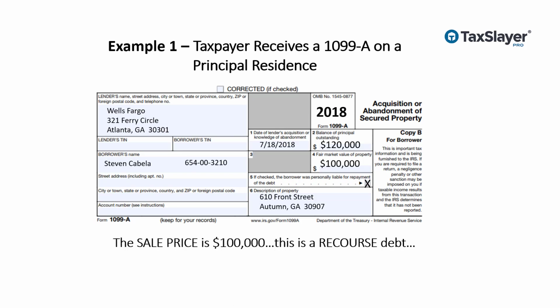Now let's take a look at our first example. Our taxpayer, Stephen Cabela, receives a 1099-A on his principal residence. Now the sale price is $100,000, the fair market value of the property, because this is a recourse debt. He's personally liable for repayment of the debt.